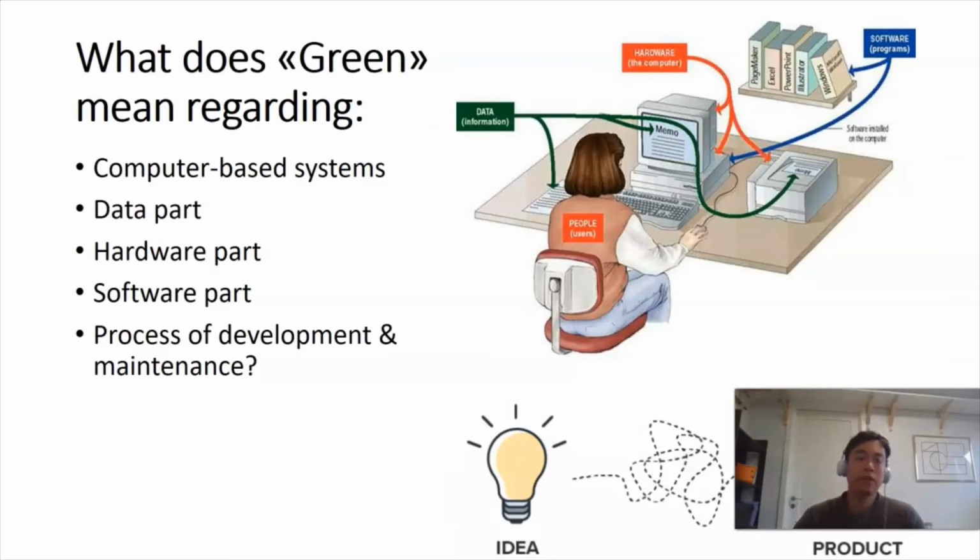Then we start with the greening of IT. So what does the green part in the greening of IT mean? To begin with, let's look at this figure. The one on the top of the screen shows a typical illustration of how people interact with computer-based systems.